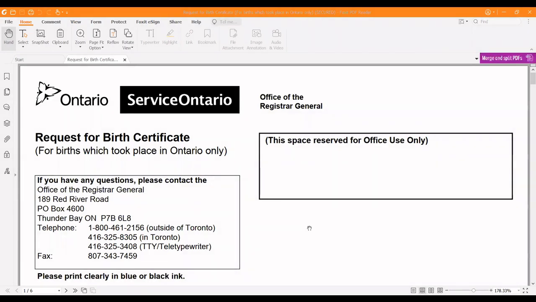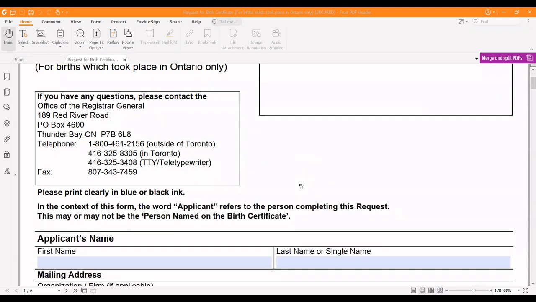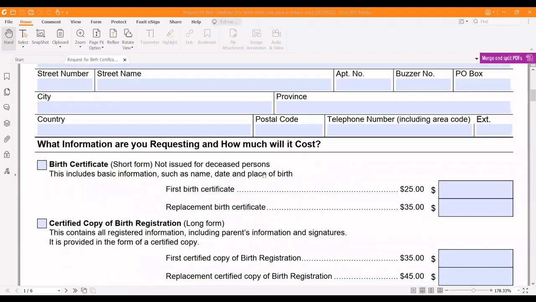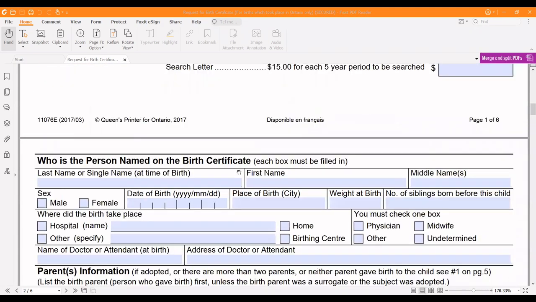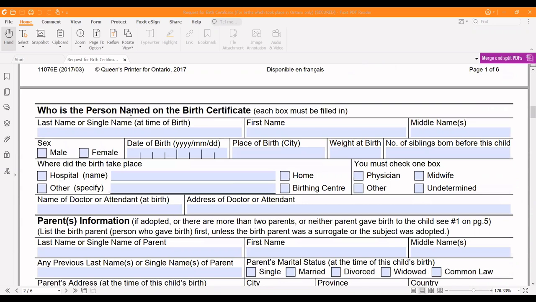While we are on the subject of the birth registration, this here is the Ontario form for requesting a birth certificate. Okay, I just want to show you one thing here. Right there. Who is the person named on the birth certificate? Clearly, the name on the birth certificate is a person's name. The issue of the birth certificate is the birth of the person. You are not, but you appear to be that person once you've used the birth certificate as personal identification.